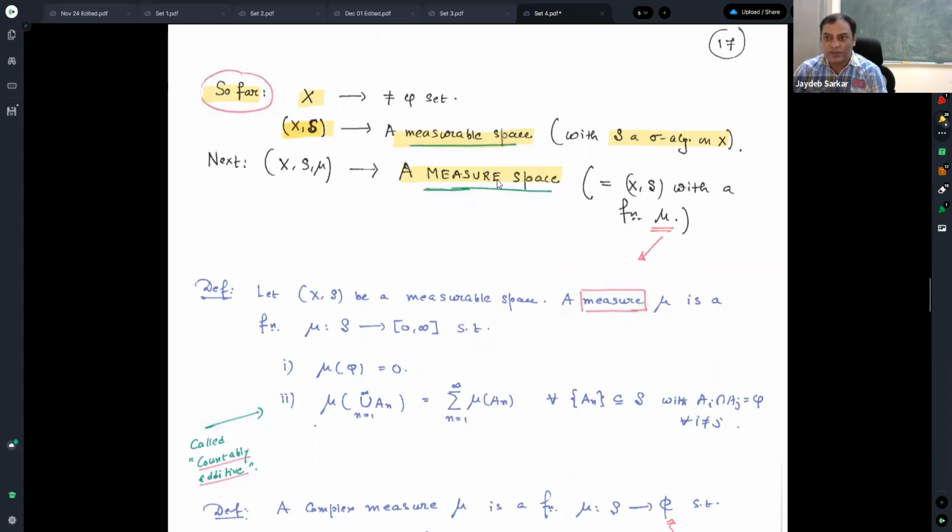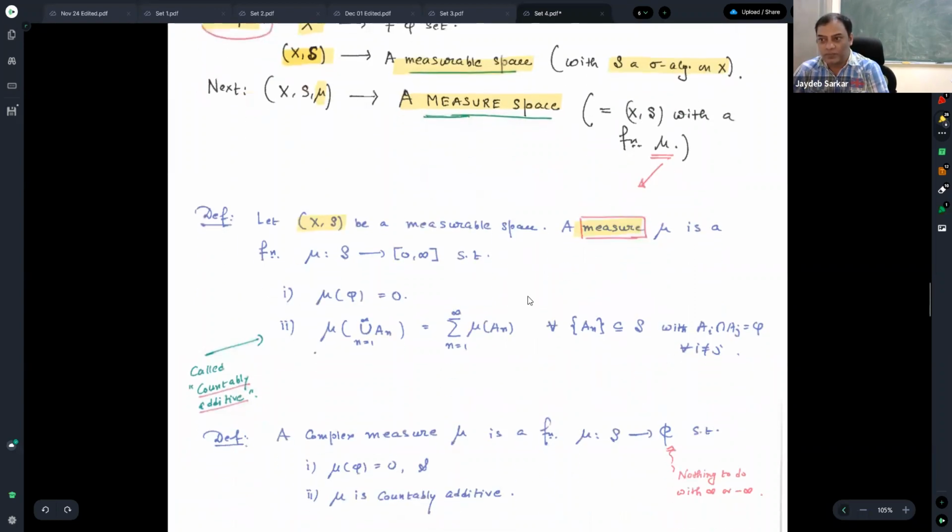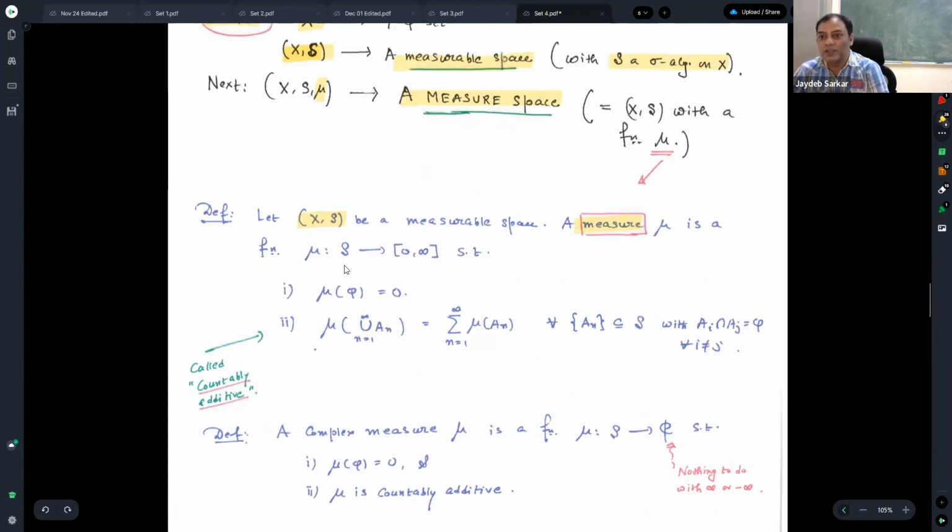What is measure space? It is a measurable space along with a function mu, and that mu is known as measure. Okay, so this is my definition. Suppose X, S be a measurable space. A measure mu is a function from S, the sigma algebra, to 0 infinity. So it's a non-negative function, but it can take infinity. Such that there are two properties.